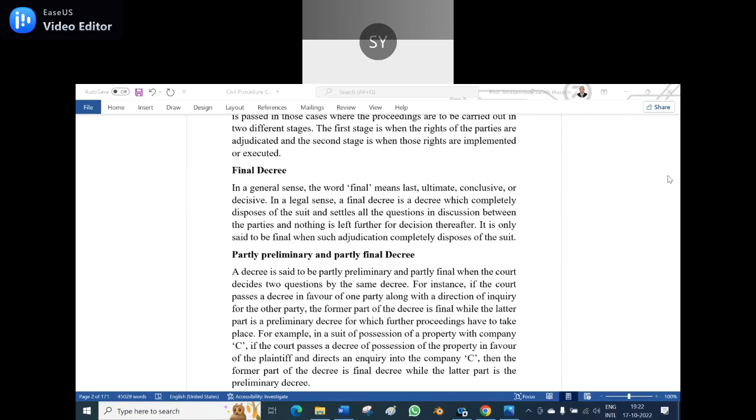If a person is not satisfied by the decree of a court, can he not approach another, higher court? When it is final, it cannot go. If it is already decided by the appellate court, it cannot go.